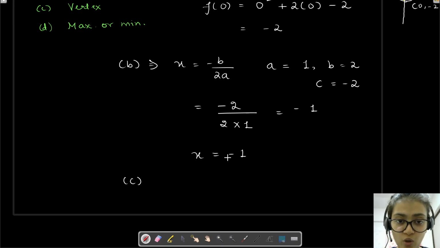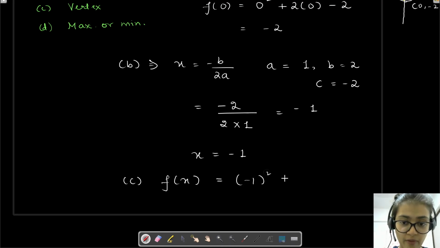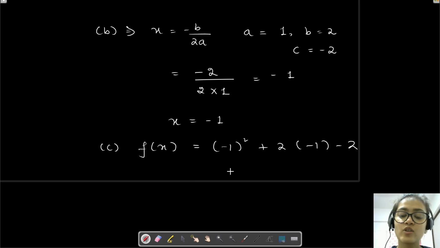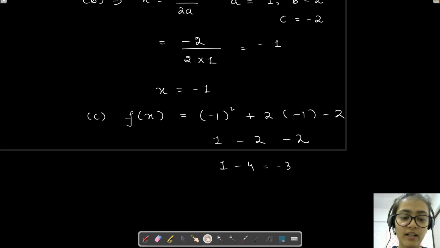So we will substitute x equals -1 in the function. So f(-1) equals (-1) squared plus 2 times -1 minus 2. So (-1) squared is 1, 2 times -1 is -2, minus 2. So 1 minus 4, which is -3. So the coordinates of the vertex are (-1, -3).